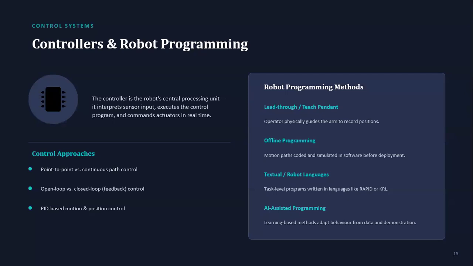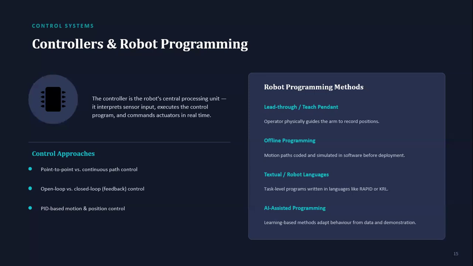So now we shall go through the importance of controllers and robot programming. Controllers mainly serve as the robot's brain. It continuously receives the sensor information from the external environment. Accordingly, it tries to execute the programmed instructions and control the actuators to move various mechanical parts of the robot.